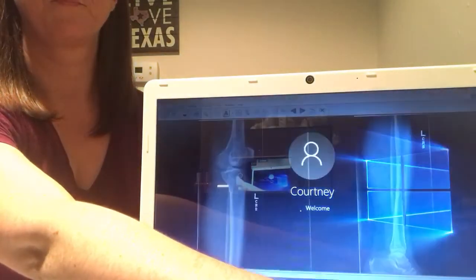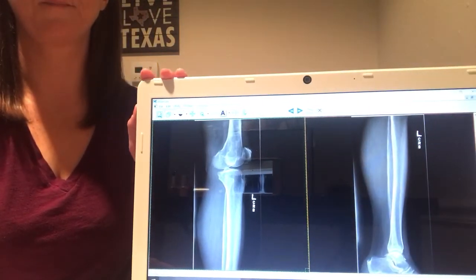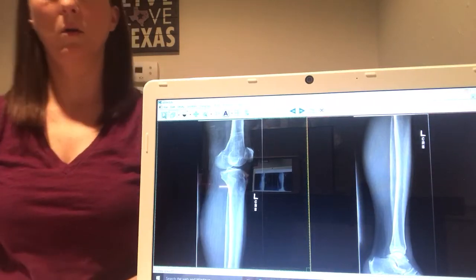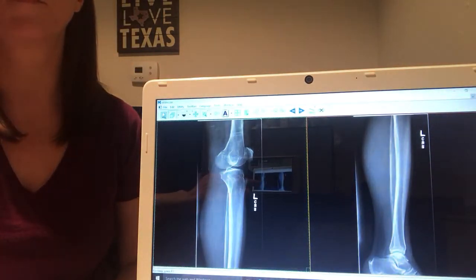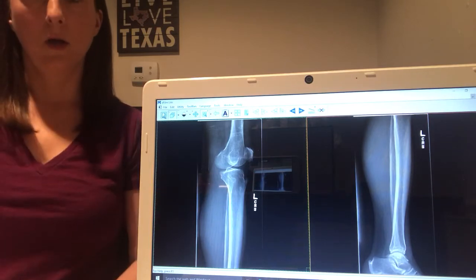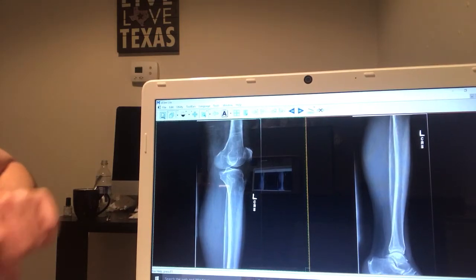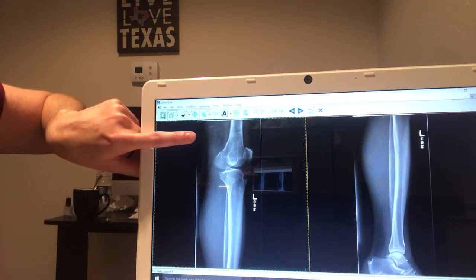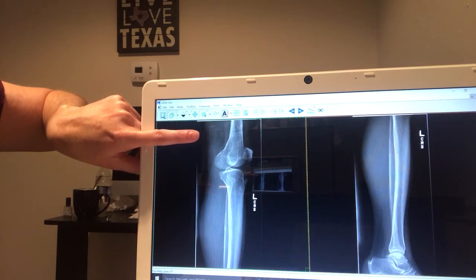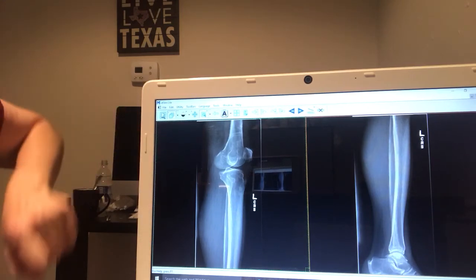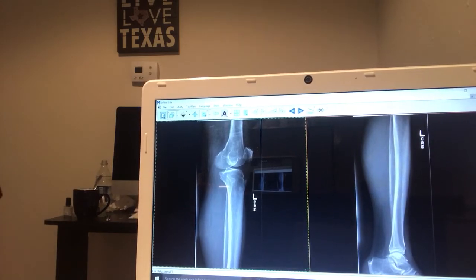So now we can look at the image. I don't know if you can see, but there are skin markings on the upper leg, and that is from he was wearing pants.